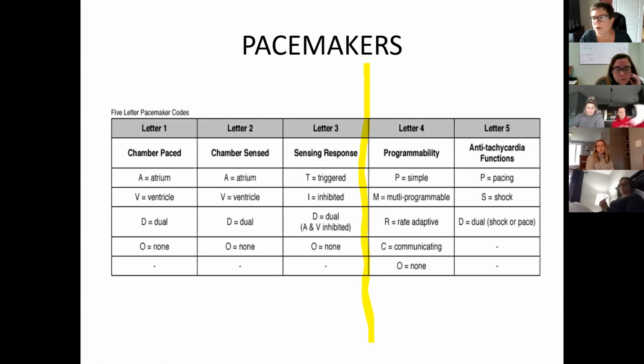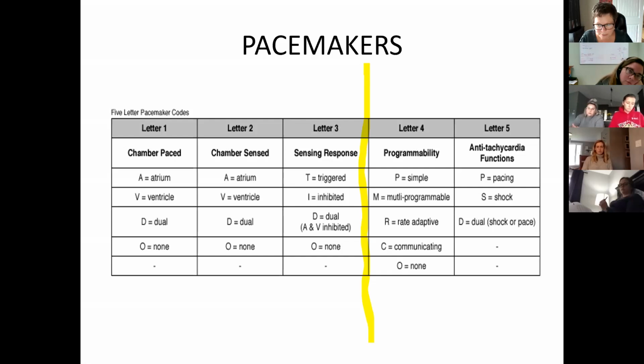What the word inhibit means is to lay back and do nothing if you are not needed. So I think of a pacemaker, and sorry, I don't mean this in a derogatory way, but it's kind of a dumb way to remember it. Inhibition is like a man.